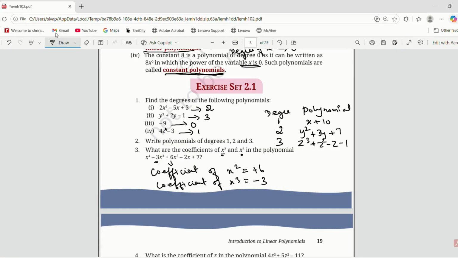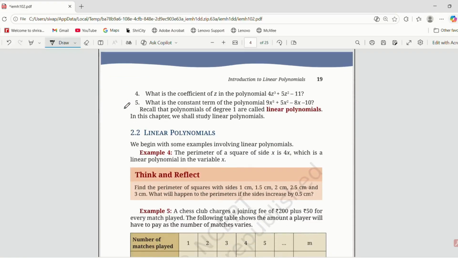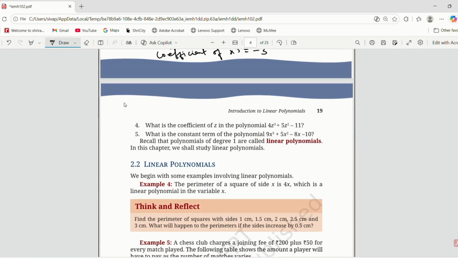In our next problem, the fourth question, what is the coefficient of z in the polynomial? So here it is clear. You can answer this question directly, because first search for the term of z here. We are having 4z cube and 5z square and there is no term of z here.